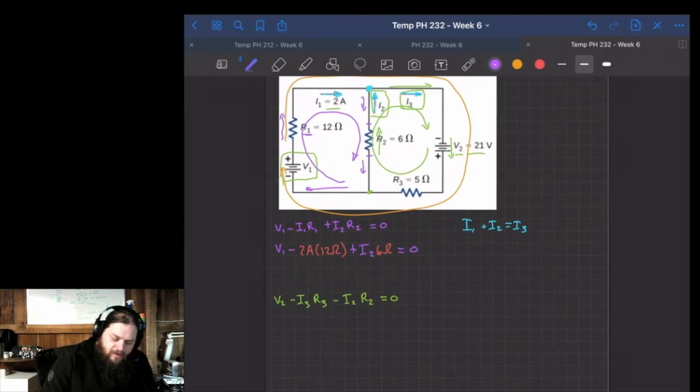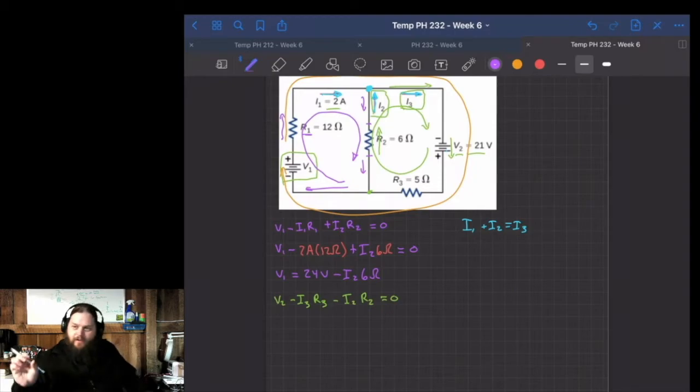Now we can simplify this a little because we can multiply the amperage times the resistance. I'm going to solve it for V1 while I do this: V1 is equal to 24 volts minus I2 times 6 ohms. I just moved the I2 times 6 ohms to the other side, which is why it's negative now, and amps times ohms gives a positive value.